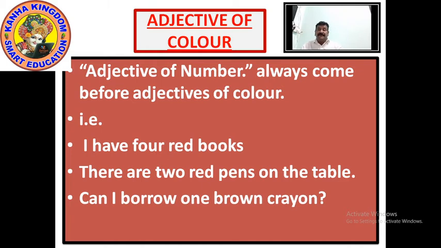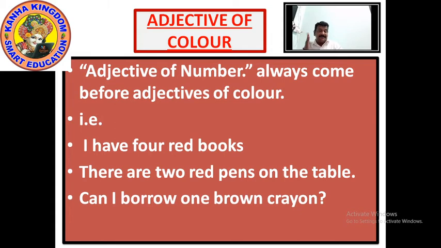I have 4 red books. So in red books, the adjective of number 4 has come before the adjective of color. In the second sentence, there are 2 red pens on the table. When we talk about red pens, how many? 2.